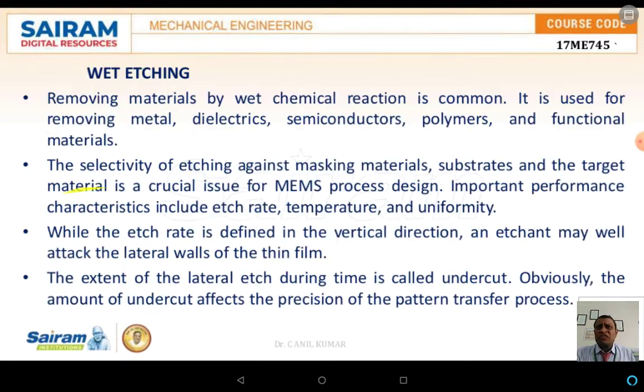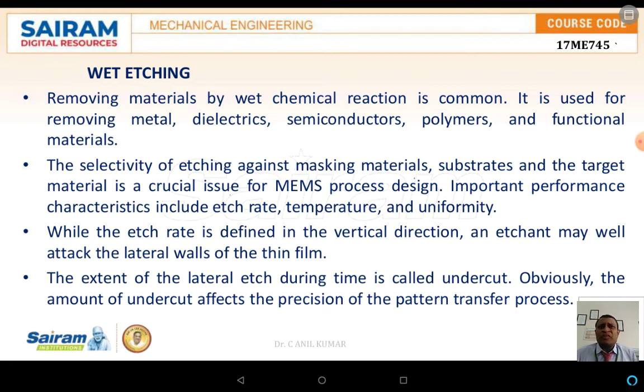The next process is wet etching. As the name suggests, wet etching is the removal of material by means of a wet chemical reaction, which is the common one. It is used for the removal of metals, dielectrics, semiconductors, polymers and functional materials.